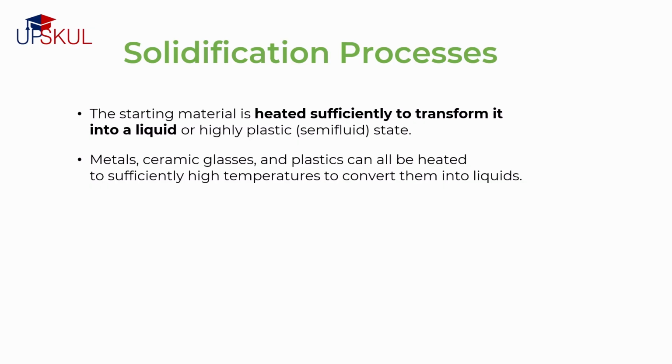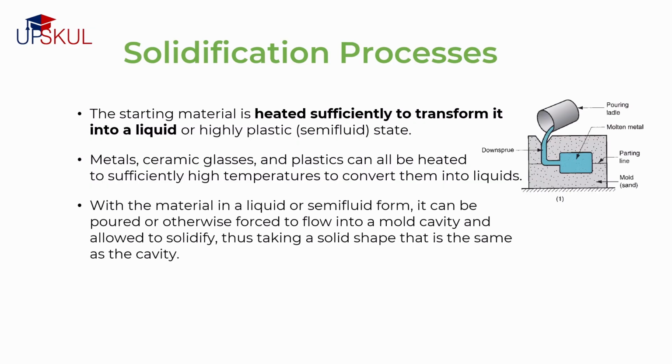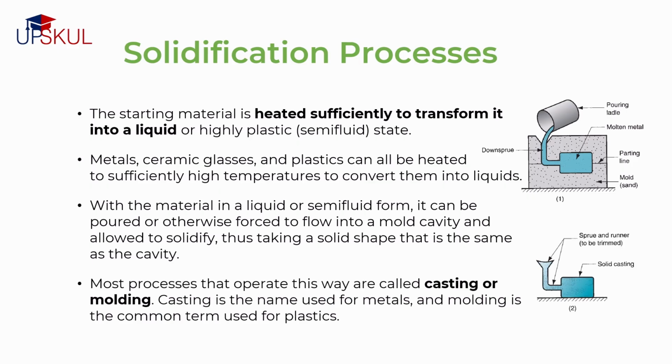With the material in a liquid or semi-fluid form, it can be poured or otherwise forced to flow into a mold cavity and allowed to solidify, thus taking a solid shape that is the same as the cavity. Most processes that operate this way are called casting or molding. Casting is the name used for metals, while molding is a common term used for plastics.